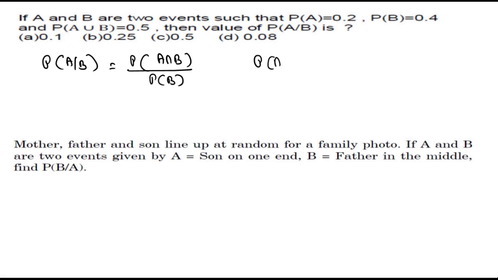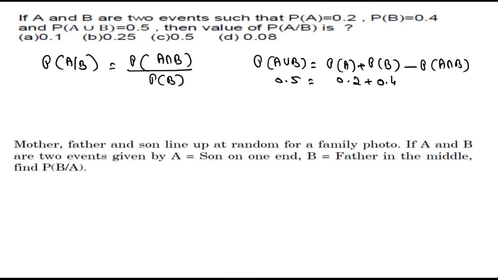So we know that probability of A union B equals probability of A plus probability of B minus probability of A intersection B. So A union B is given 0.5, equals 0.2 plus 0.4 minus probability of A intersection B. Therefore probability of A intersection B equals 0.2 plus 0.4 minus 0.5, that is equal to 0.1.